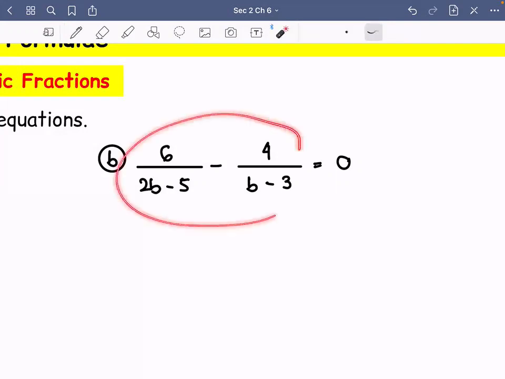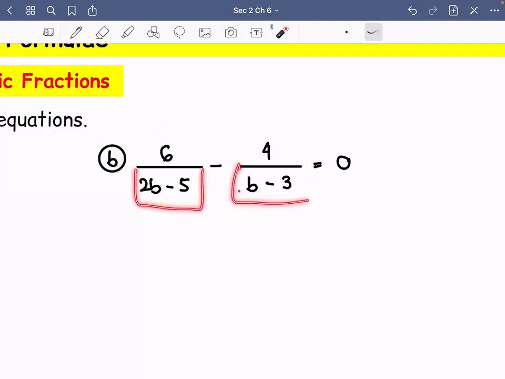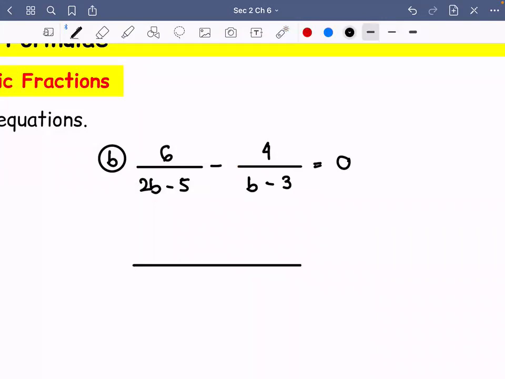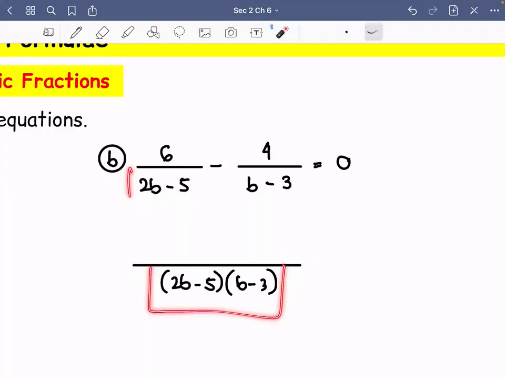So what is common between 2b minus 5 and b minus 3? Nothing, right? So what do we do when we don't have any common denominator? We just multiply them. So 2b minus 5 and then b minus 3. This one divided by this, so this is cancelled out. So what's left?